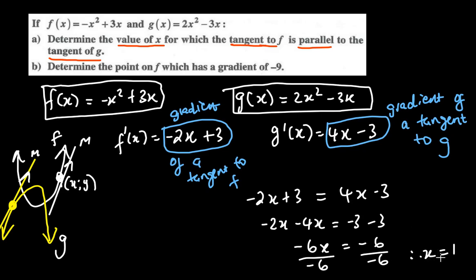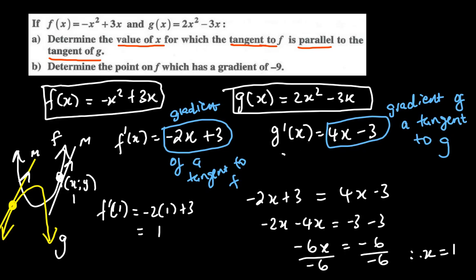Now check what happens when you substitute x as 1. For this tangent line here, x is 1. What would be the gradient of our tangent? The gradient would be negative 2 into 1 plus 3, so negative 2 plus 3, which is 1. What about in here?